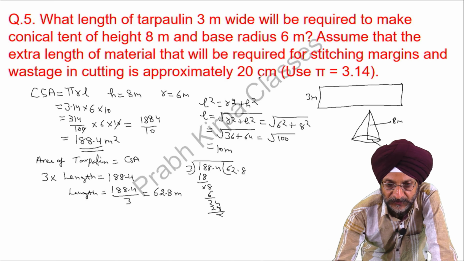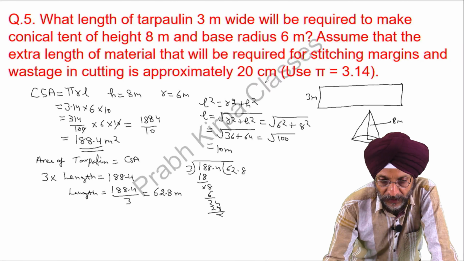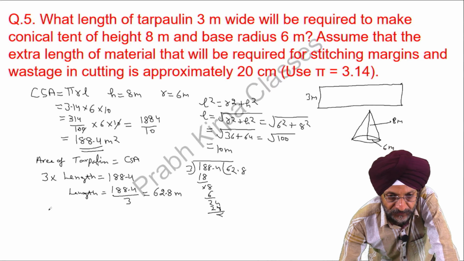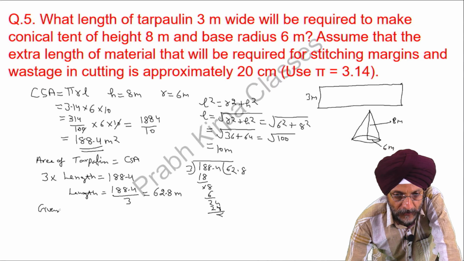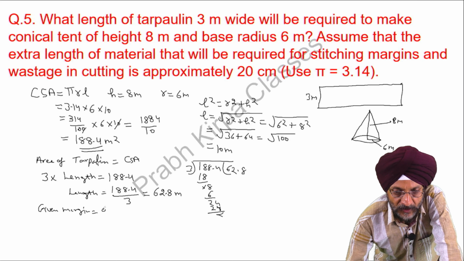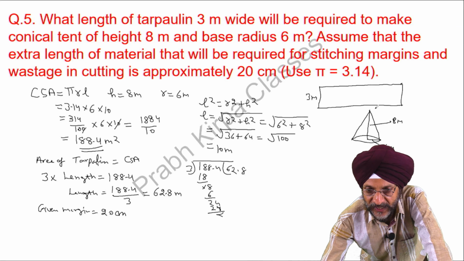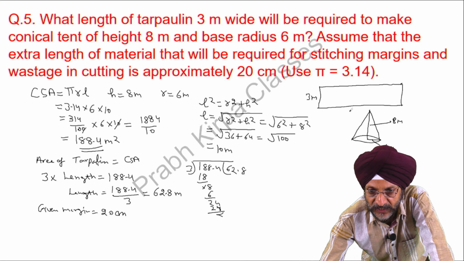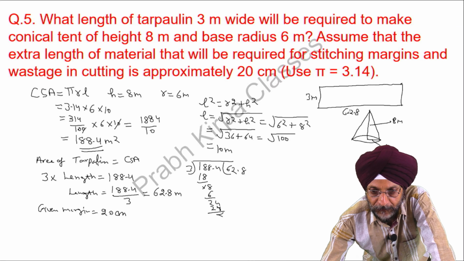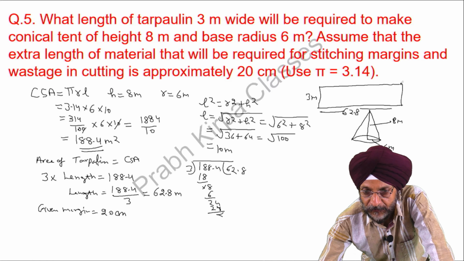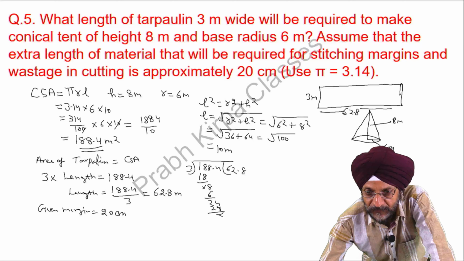It has been given as 20 centimeter. Given margin is 20 centimeter. So now the length which has been calculated is 62.8, but here is some margin which has been wasted.